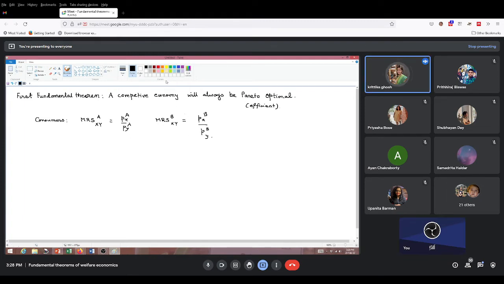So if X is more valuable to consumer A than consumer B. Sir, no competition. This is the market price. Yeah, what were you saying? I was telling that if it is not a perfectly competitive economy. If it is a monopoly?